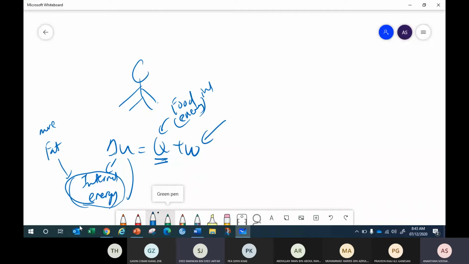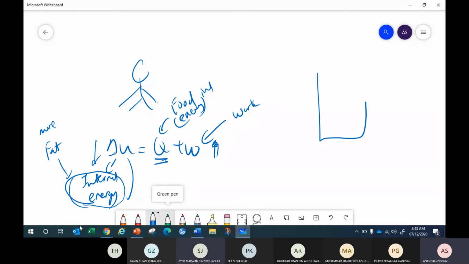And next, it also depends on the amount of work you do, right? You do more work. What happens to the internal energy? Does it reduce or increase? You do more work, the internal energy will reduce, become more negative.